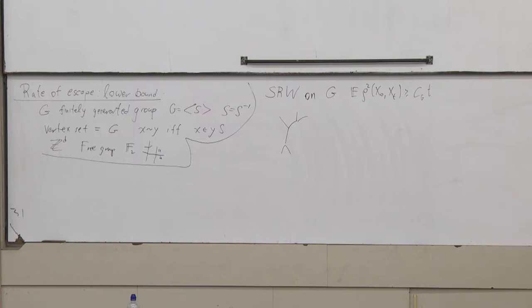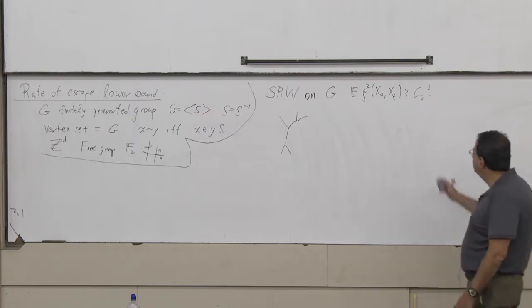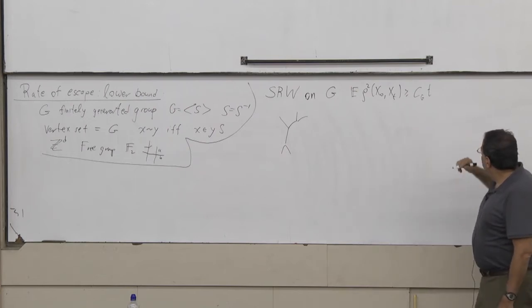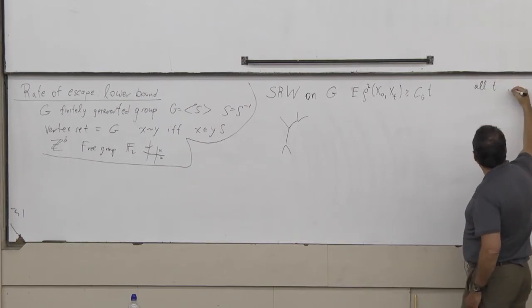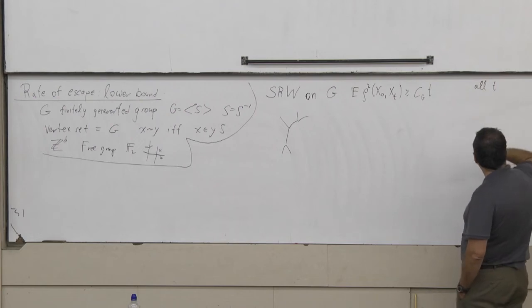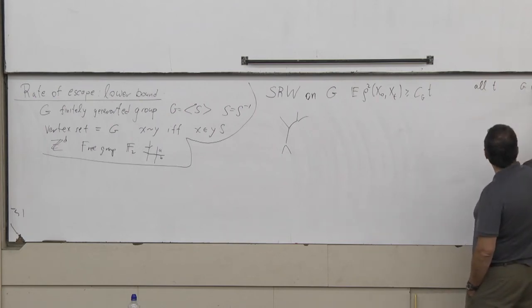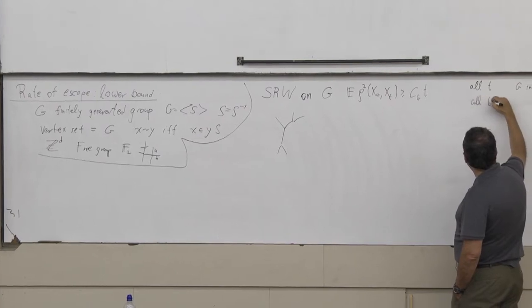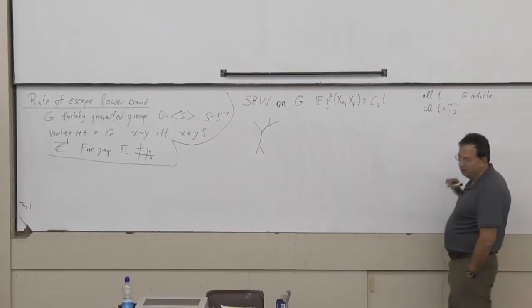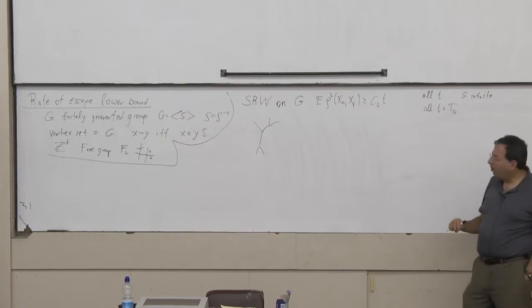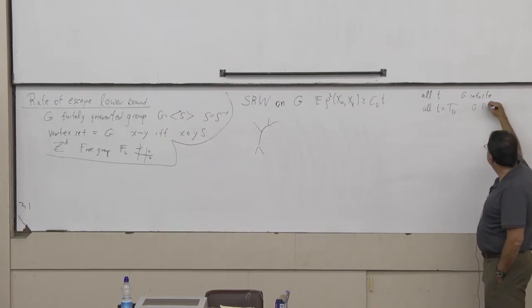So of course, for finite, there's a problem. This can't hold forever. So for finite, it will be until some time. So we want to prove this for all t if G is infinite, and all t until some number that we hope to make large if G is finite.